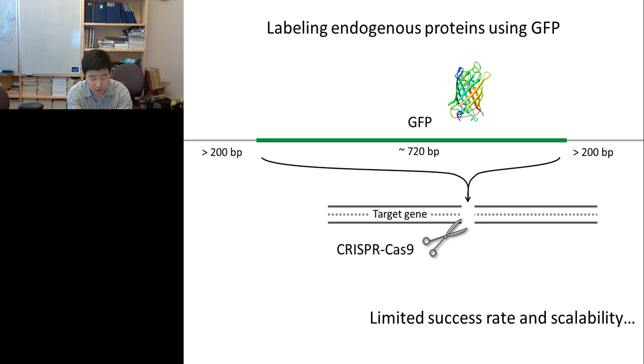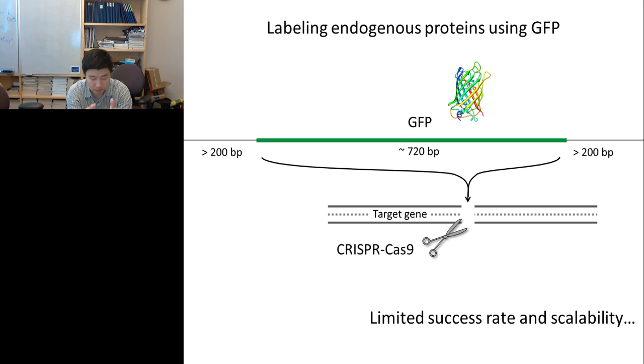Then homologous recombination will incorporate the GFP gene into the genome, and this endogenous target protein is tagged with the green fluorescent protein so that you can track the dynamics of this endogenous protein. And this has been a very successful approach, and now we've seen many, many papers published using endogenous GFP tagging with gene editing.